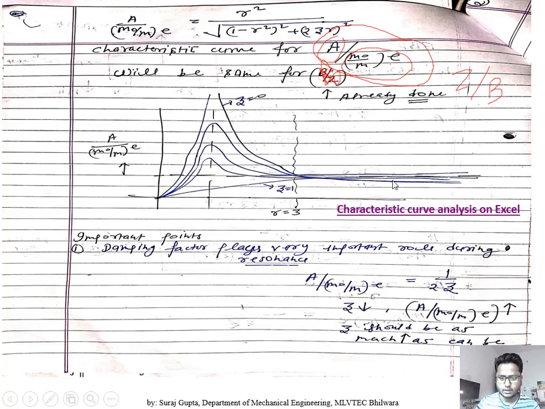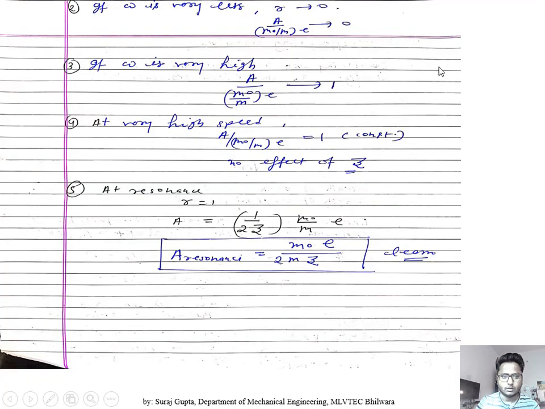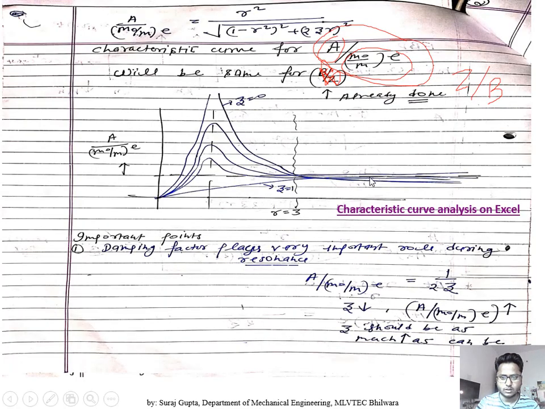So at high r, all the values of transmissibility at different zeta will be 1. So at very high speed it is 1, a constant value, with no effect of zeta, because every zeta curve meets at 1 and tends only towards 1. It is not going to change, it is constant.